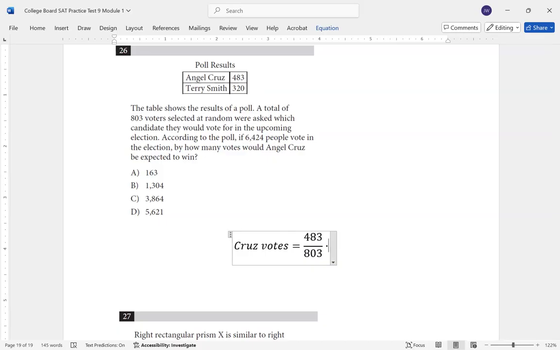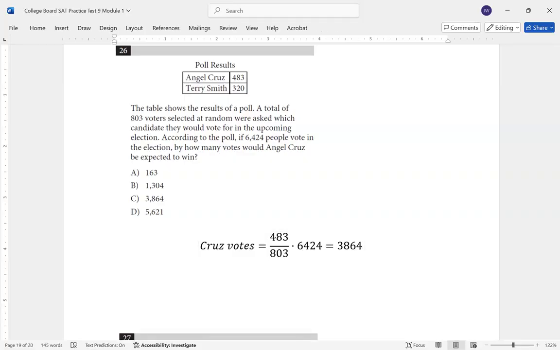And then I'm going to multiply that times the total number of people voting, that's 6,424. When I do that calculation, I end up with 3,864 as how many votes Cruz should get.